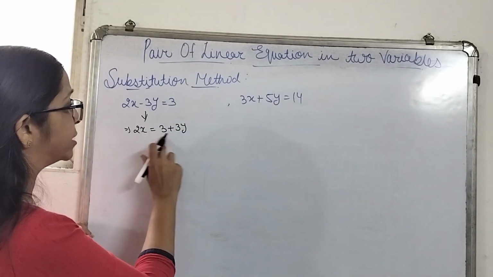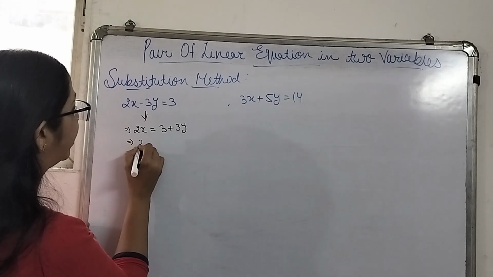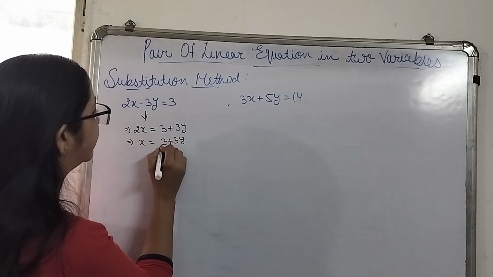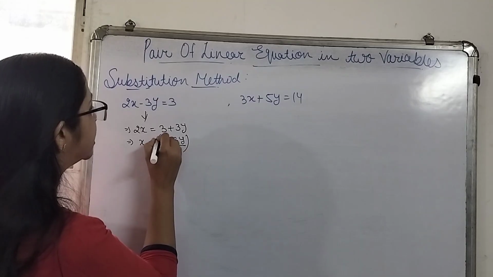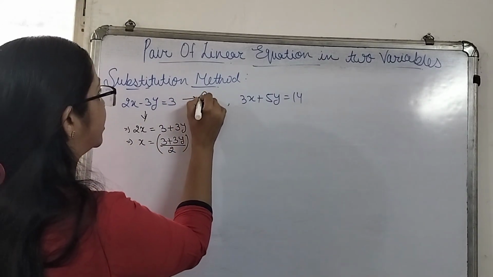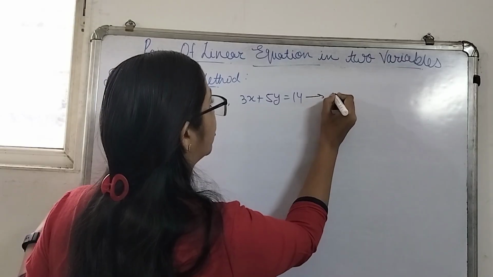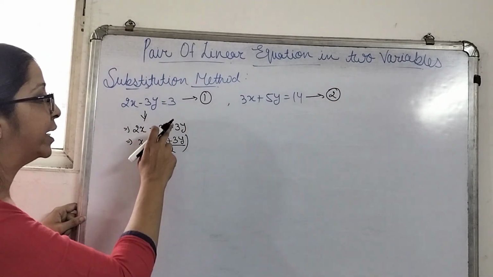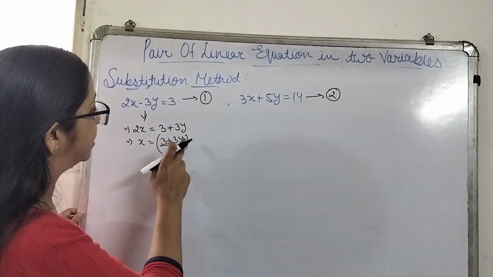Now if 2x is equivalent to this, what will be the value of x? Value of x will be 3 plus 3y divided by 2. We are assuming that this equation is equation number 1 and this one is equation number 2. So from equation number 1, we have found the value of x in terms of y.